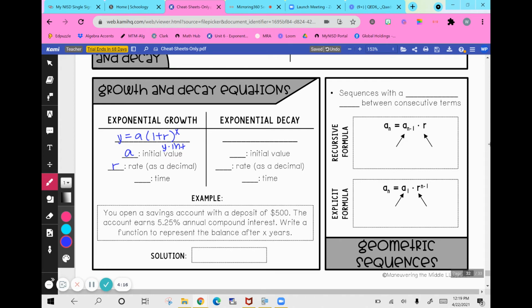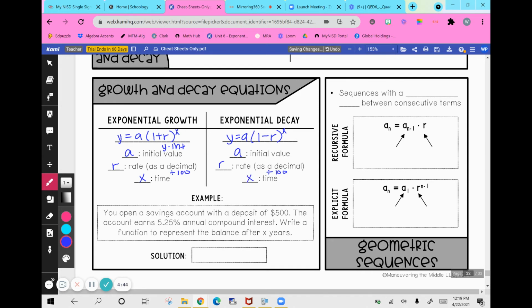Remember that you have to divide by 100 if they give you a percent. And x is going to be your time. Then exponential decay is y equals a times 1 minus the rate, because we're going down, to the x power, where a is still our initial value, our y-intercept, r is still our rate as a decimal, so again, we're still dividing by 100 if they give us a percent, and x is time.